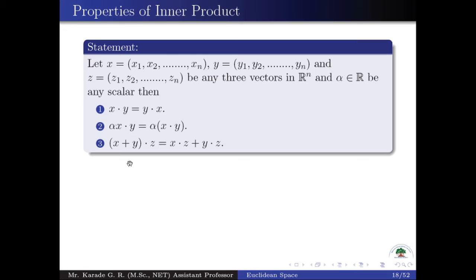In other words, the inner product distributes over the addition of vectors. So (x plus y) dot z is equal to x dot z plus y dot z.